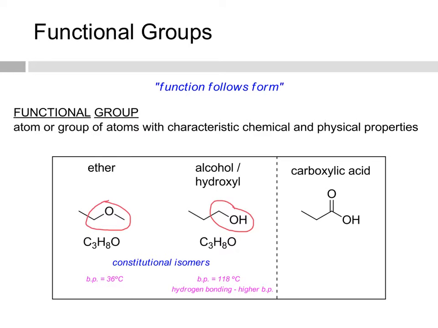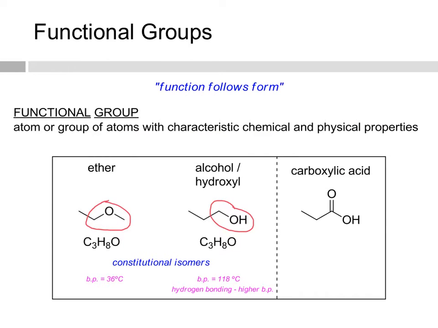In this particular case, we have taken constitutional isomers. That is, these two specific molecules have the same molecular formula but differ in bonding. And you would think that constitutional isomers would have similar properties. However, if we just take a boiling point as an example, this ether has a boiling point of 36 degrees, while its corresponding isomeric alcohol has a boiling point of 118 degrees.